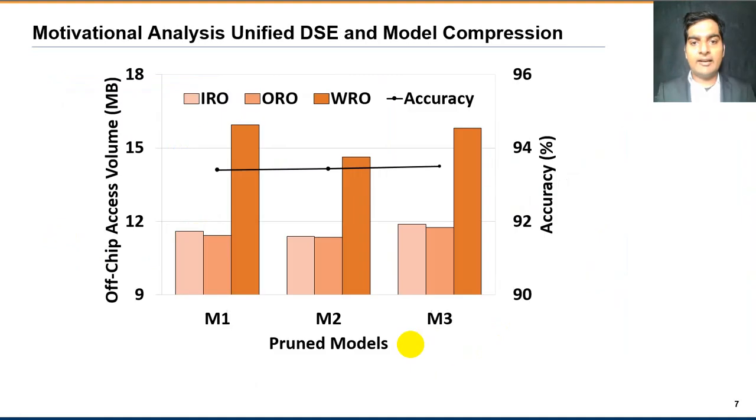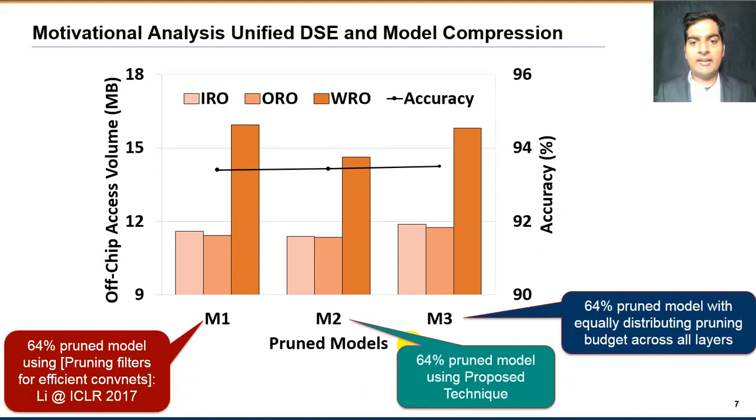Here we demonstrate why we believe that we should consider multiple design options while pruning the network. Here we demonstrate three pruned models M1, M2 and M3. M1 is achieved after applying the layer-wise pruning ratio as reported by Lee.